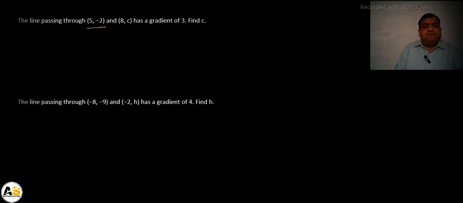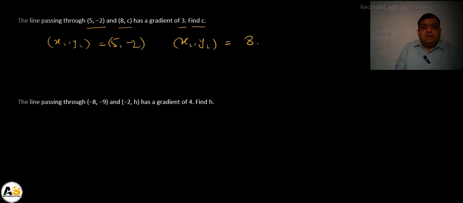You see in this question, he is giving 2 points. One is 5, minus 2, the second point is 8, c, where c is unknown, and he has given the gradient of the line joining these 2 points, and you have to find c. In this case, x1, y1 is equal to 5, minus 2, x2, y2 is equal to 8, c, and gradient m is also given. Gradient m is equal to 3.